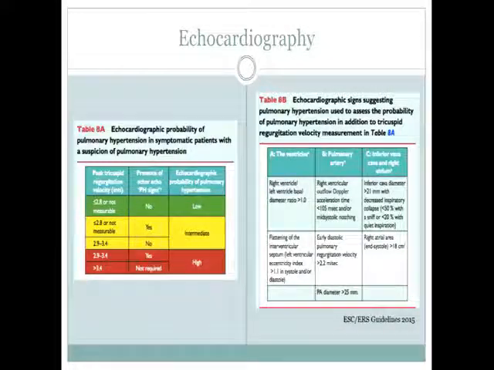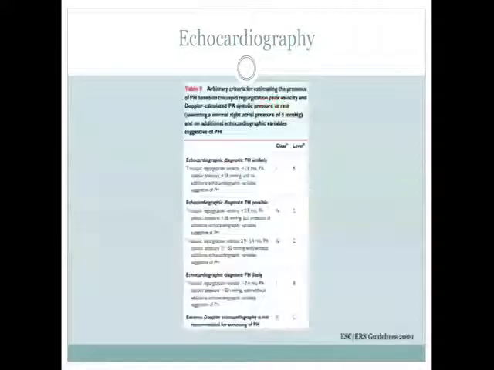I just wanted to include this because in their previous guidelines from 2009, they basically suggest using the tricuspid regurg velocity as well as estimations of the PA systolic pressure, when working up a patient with potential pulmonary hypertension, to classify them as having either unlikely, possible, or likely pH to guide further workup or intervention.